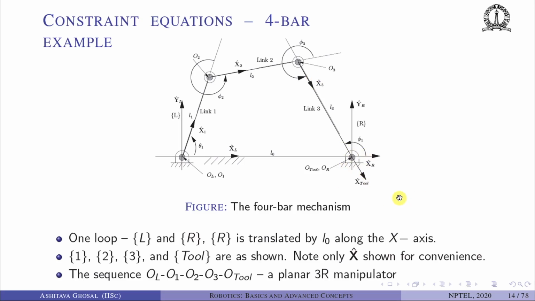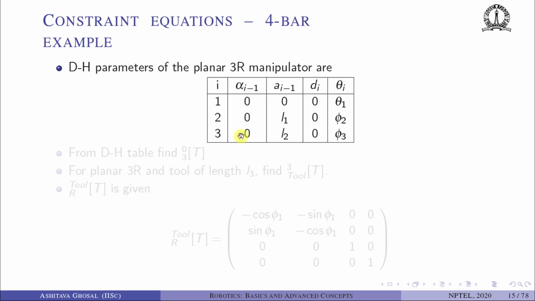So the sequence OL, O1 at the same place, then O2, O3 and O tool, is basically a 3R serial robot. We are assuming conceptually that we have broken it at this place, at this 4th rotary joint. The DH parameters for a planar 3R robot are well known. We have looked at them in the serial robot case, except that we don't have theta 1, theta 2, theta 3.